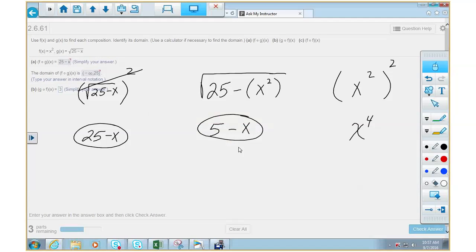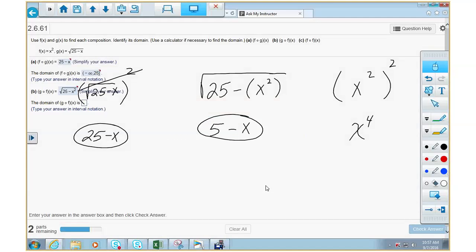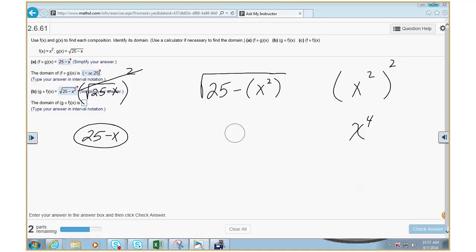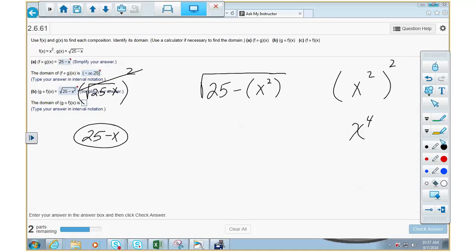And this one turns out to be... They left it to simplify. Yeah, I didn't like the way that looked either. So let's just not do that one. Because that looked like it didn't look good.